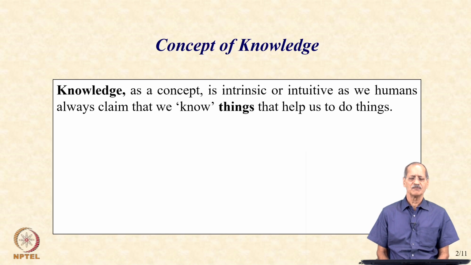Now, knowledge is something which perhaps is not something which we can give a physical form. As a concept, the only thing which we can say about the knowledge is that it is intrinsic or intuitive. As we humans always claim that we know things that help us to do things. For example, how often we have made such a statement, I know there is an ice cream shop at the next corner.